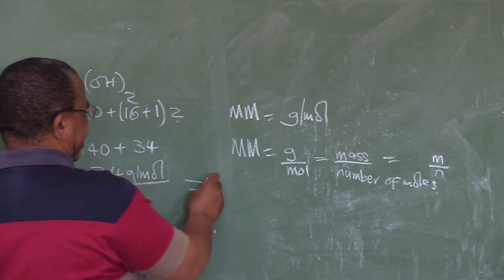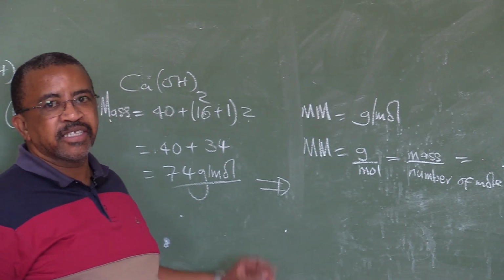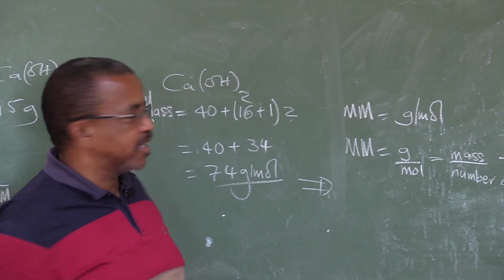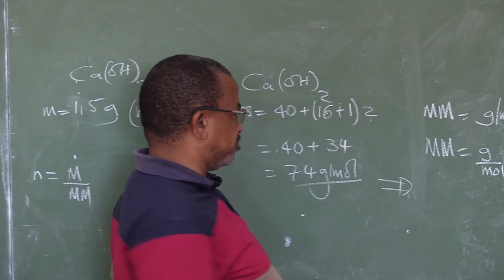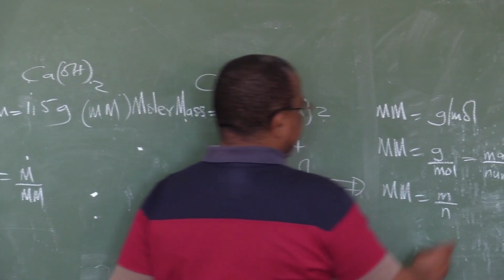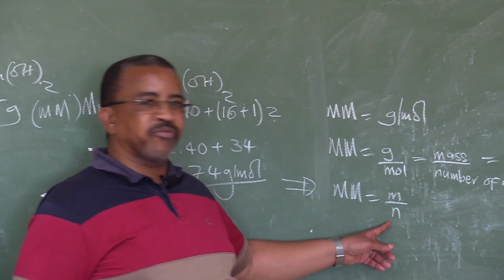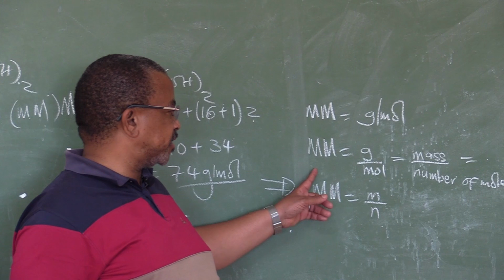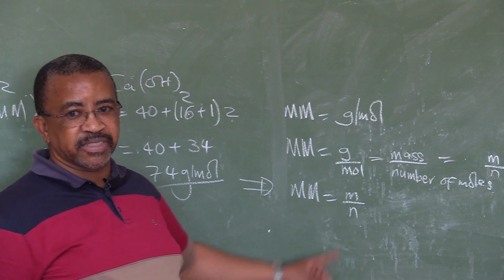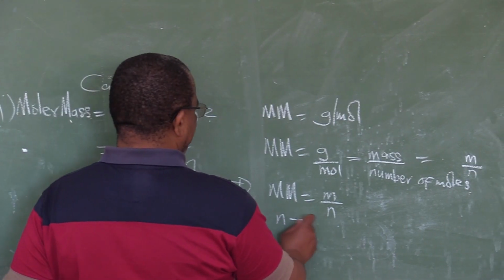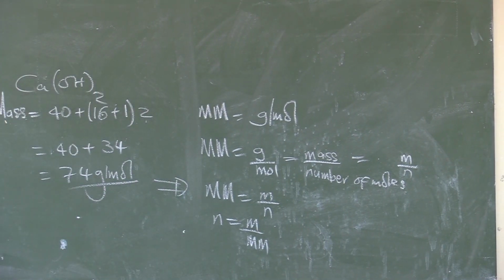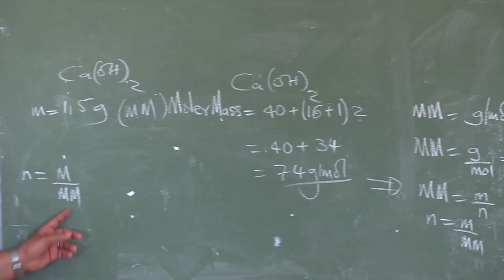So which implies that molar mass is mass over number of moles. So we want to make number of moles the subject of the formula: what is on top goes to the bottom, and what is at the bottom goes to the top. So number of moles is mass over molar mass.